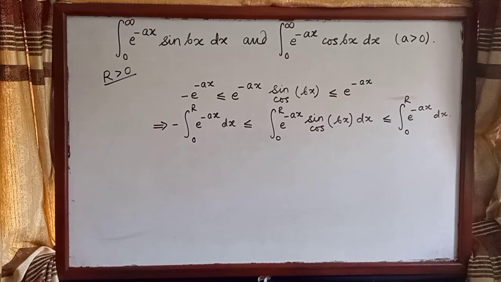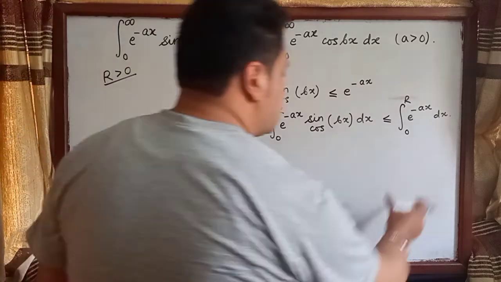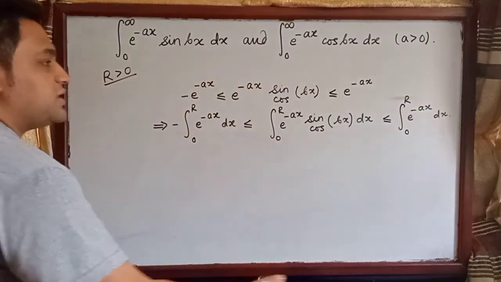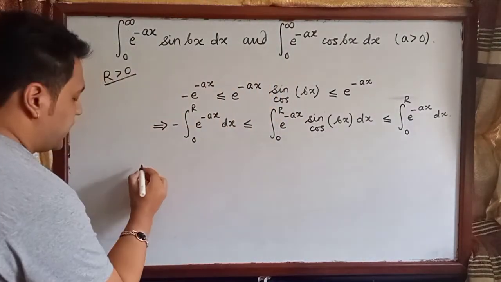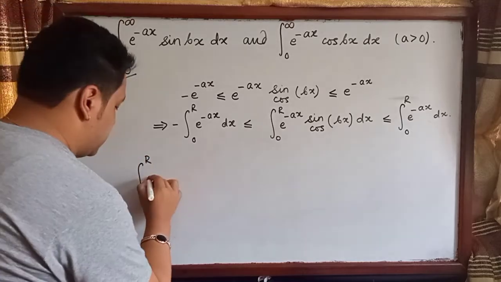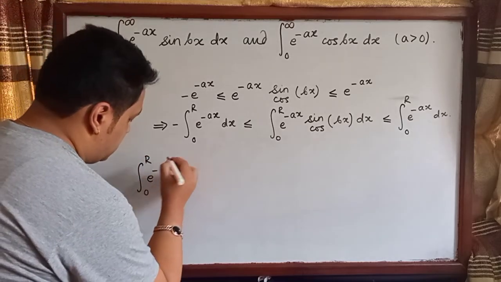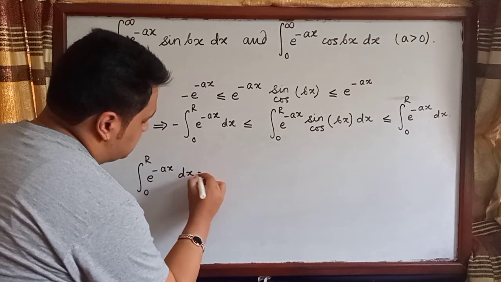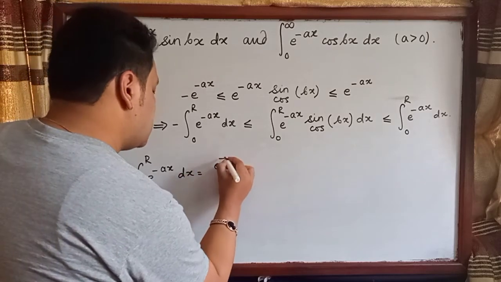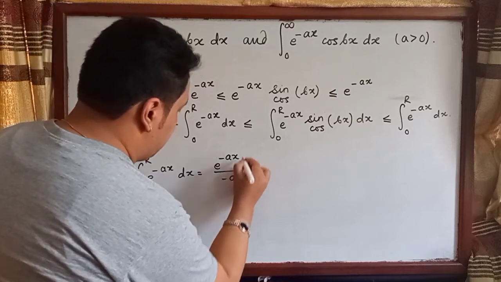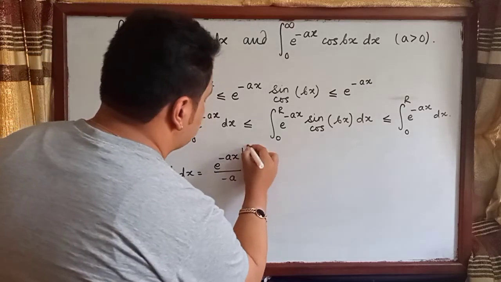Now let's evaluate this integral. What do we get? The integral from 0 to r of e to the power minus ax dx is equal to e to the power minus ax over minus a, from 0 to r.